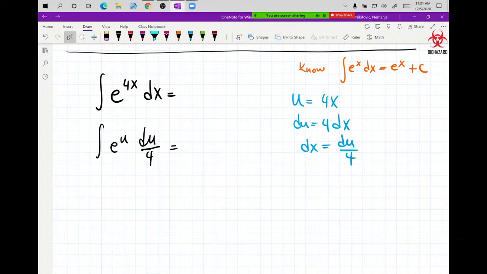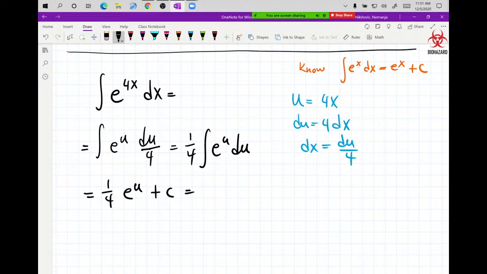Just get it right. So this is going to be 1/4, right? It still ends up being the same problem. And that's 1/4 e to the u plus c. And then no one cares about u, care about the x, which means 1/4 e to the 4x plus c.